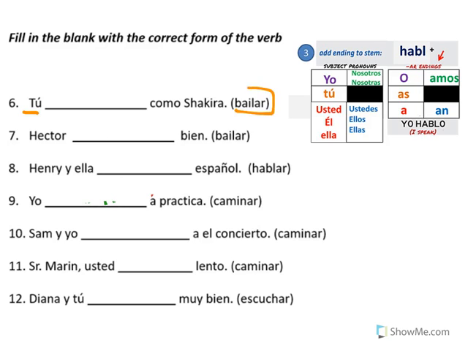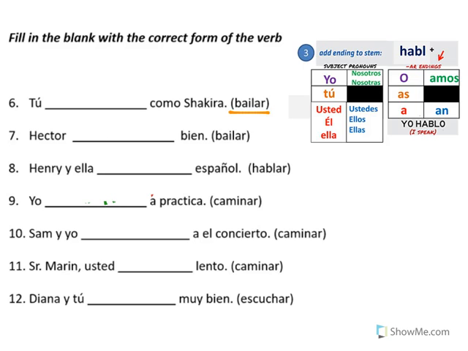Here is the word we need to use: bailar, which means to dance. Even if we didn't know what bailar was, we can still do this conjugation practice because we know the pattern. We know the rules behind it. We don't need to know what it means. We just need to know how to do it.